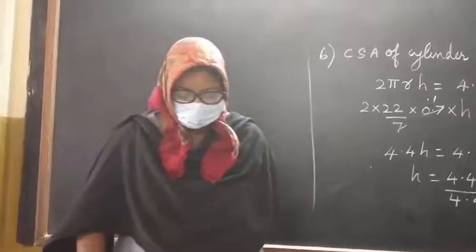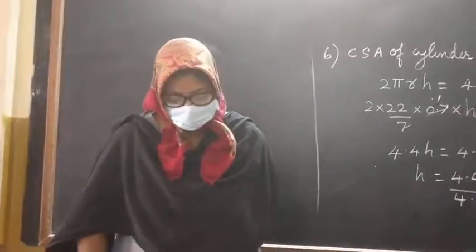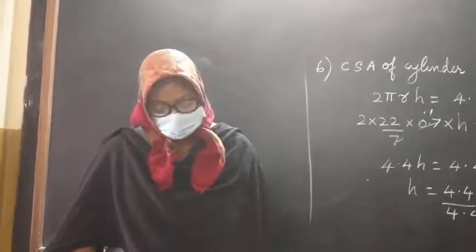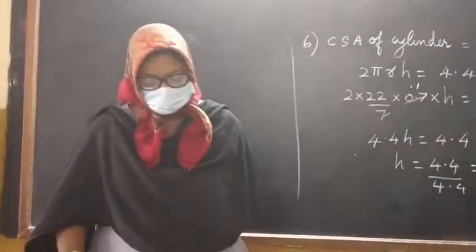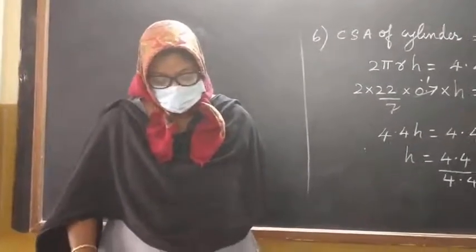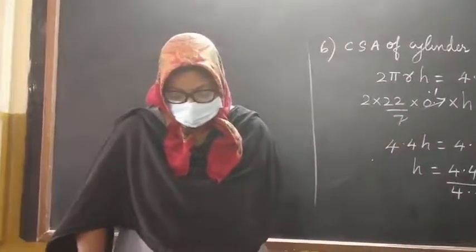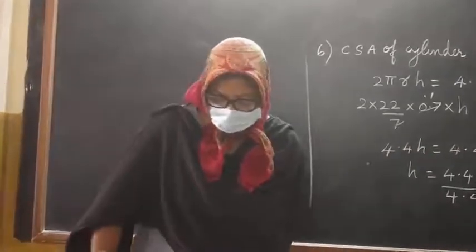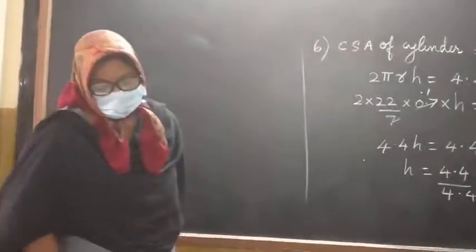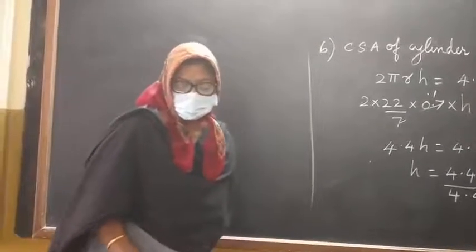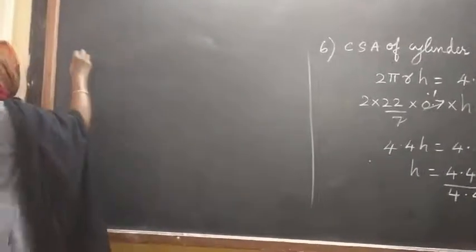A well whose diameter is 3.5 meter and it is 10 meter deep. Find its inner curved surface area and the cost of plastering this curved surface area at the rate of 40 per meter square. So it is a circular well, the diameter is given as 3.5 meter.